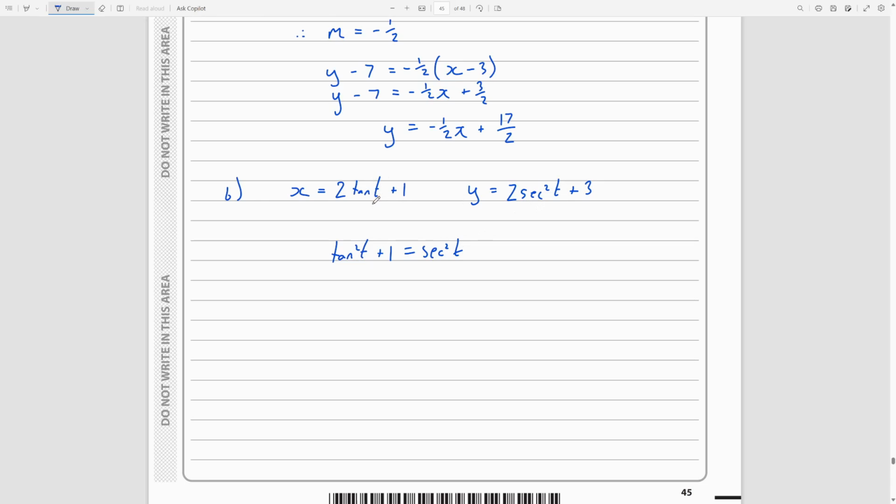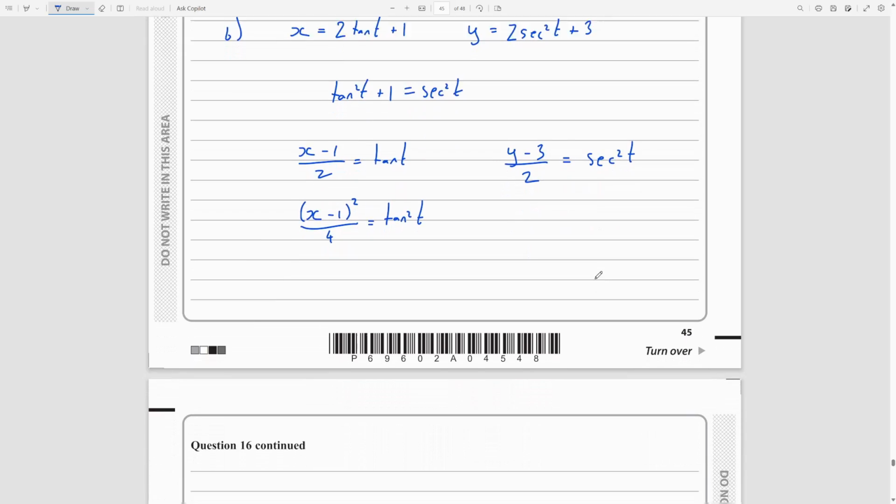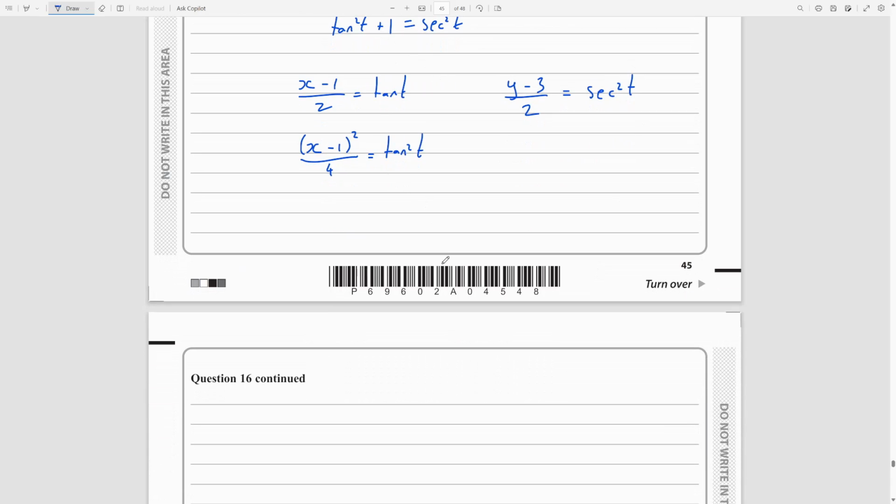and I can equate them. So let's rearrange this x equation so that it says x minus 1 over 2 equals tan t, and therefore x minus 1 squared over 4 is tan squared t. Rearranging the y's, I get that y minus 3 over 2 is sec squared t. So I can just drop all of this stuff into this equation.